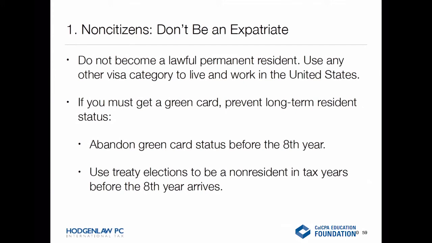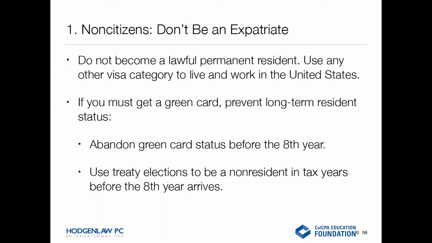Obviously, for people who have gone through that process, that's easier said than done, but so is getting a green card. So if expatriation is a serious concern for you, you might choose to go some other route other than getting the green card.